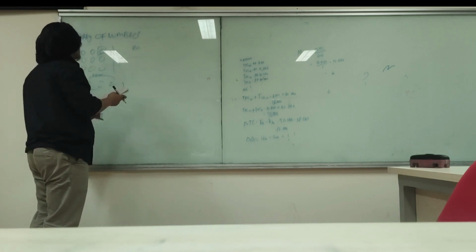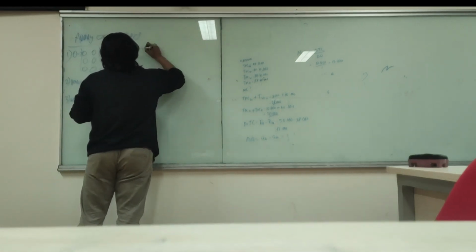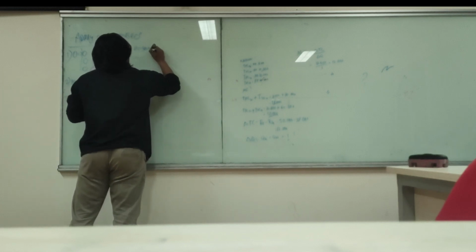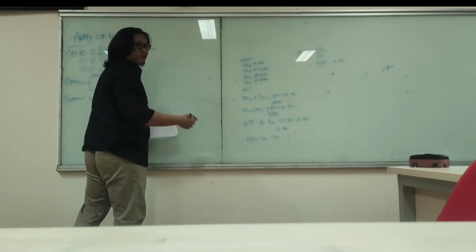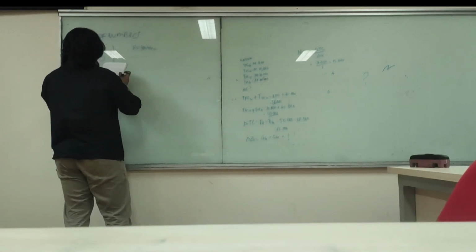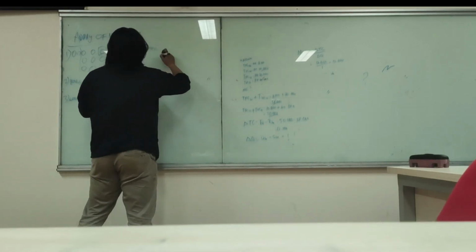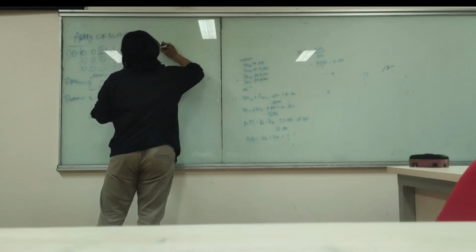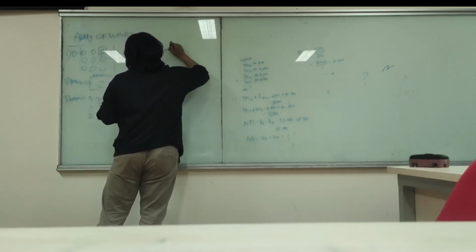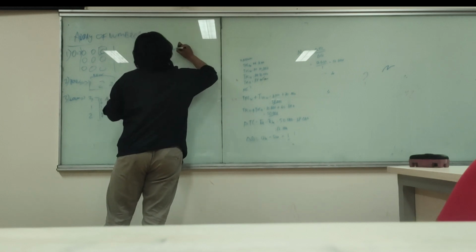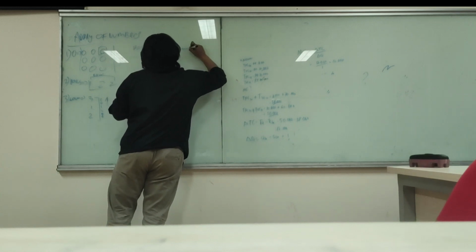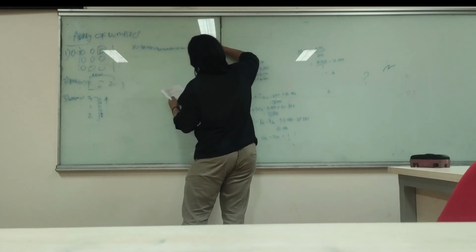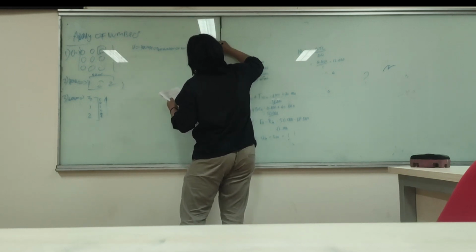The fourth one is the square matrix. Sorry if I'm blocking your view, I'm a very big person, you know. Square: basically, the number of rows is the same as the number of columns.